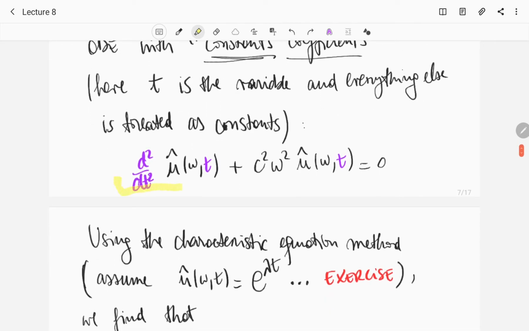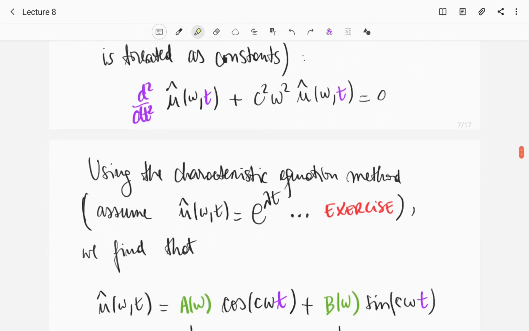So this is our second order linear equation with constant coefficient, because here we have a 1, and here we have c squared omega squared, which is constant with respect to t. It doesn't depend on t.